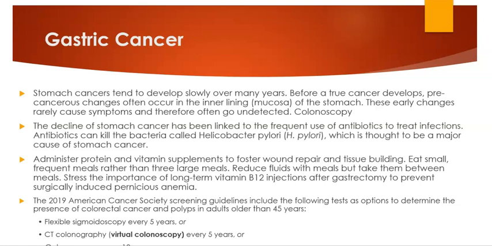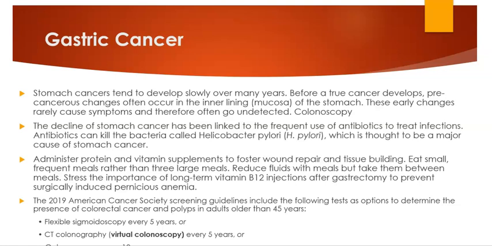We need to understand what the American Cancer Society stresses as far as their guidelines. It's important for us to know that patients need to have either a sigmoidoscopy or a colonoscopy. The flexible sigmoidoscopy is every 5 years. Typically starting at age 45, right? So adults older than 45 need to have a colonoscopy every 5 years.